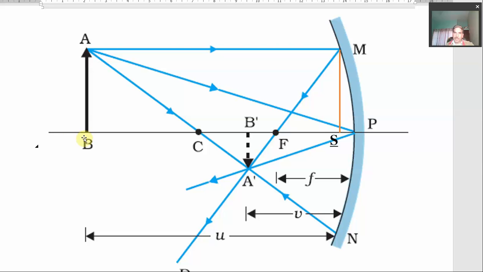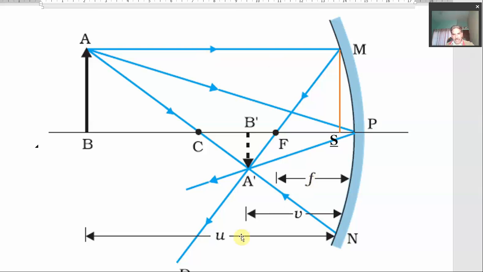Similarly, bp, or it is better to write it as pb, which again will be negative. Distance of object will always be negative, right, from the pole of the mirror. So in this particular case, the image distance is also negative, and if it is pf or fp, it will be substituted again negative, because the distance will be measured opposite to the incident ray.